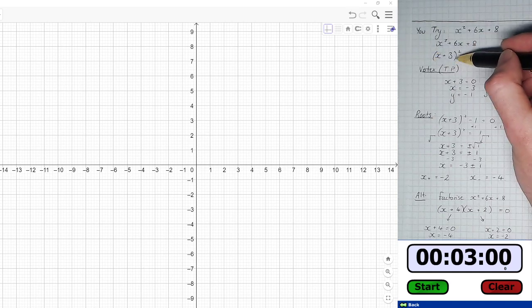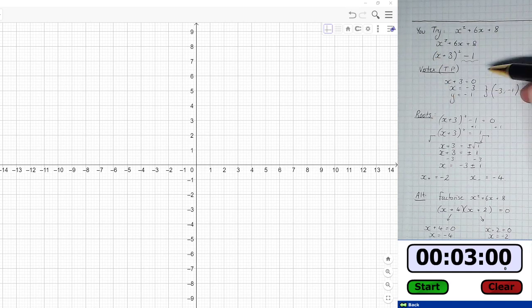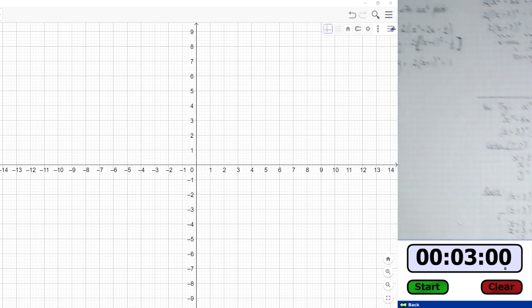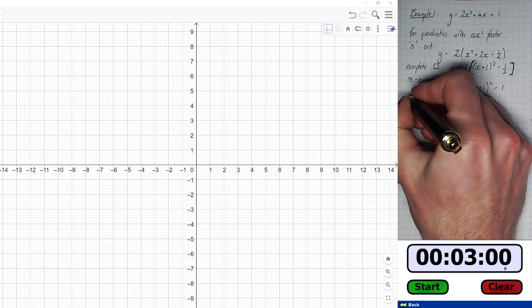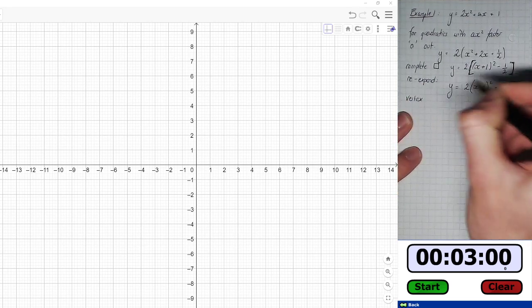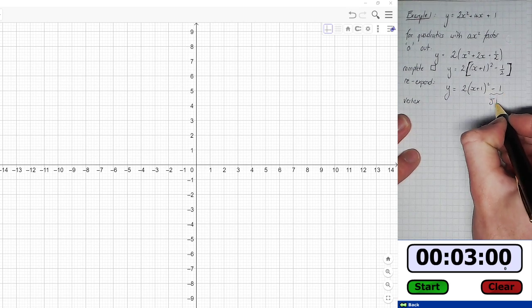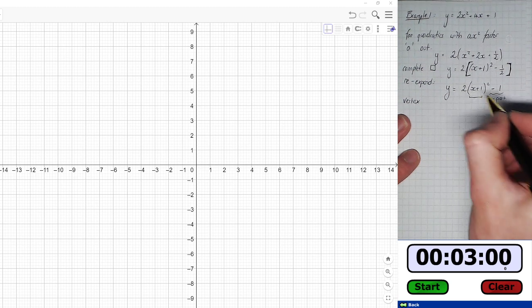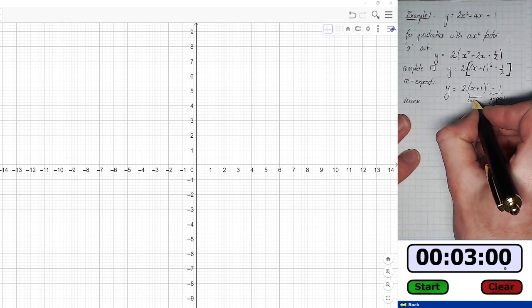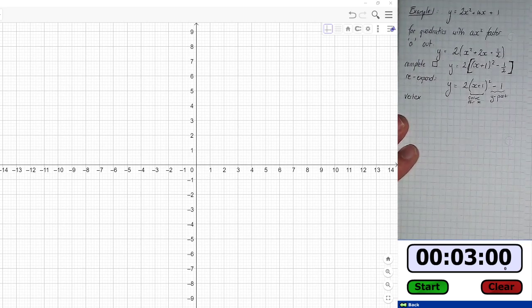And whatever made the bracket equal 0 was our x-coordinate for our vertex. So for our vertex, this is our y part, and the bracket we solve for x.